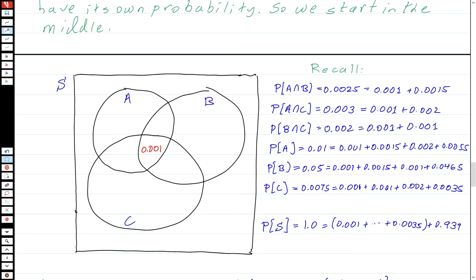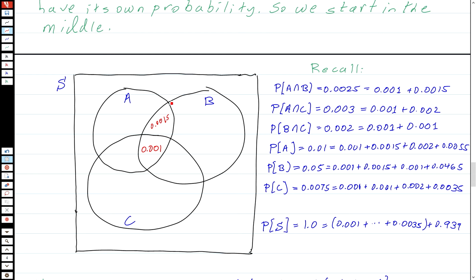Okay, so if we say probability of A intersection B was 0.0025, that we know is equal to 0.001 plus 0.0015. So we can label that area there as being 0.0015.